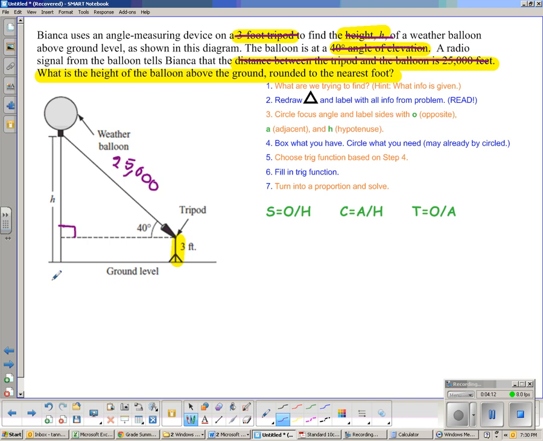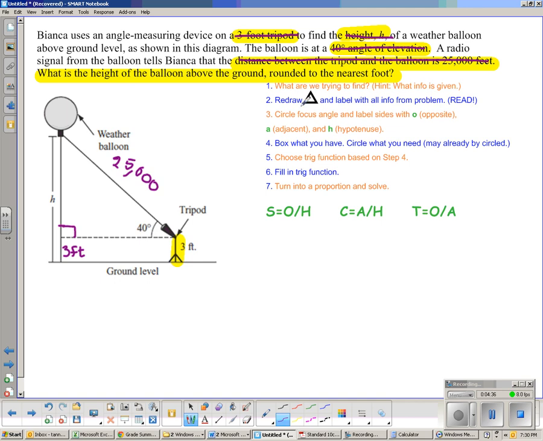We wouldn't be dealing with the entire height because the height is the side of the right triangle and then some. And that then some happens to be what? 3 feet. Correct. Okay. So in order to find the height, I'm going to have to find this side of the triangle and then add on the then some, which is the 3 feet. And that would be the entire h, or height, which we're trying to find.